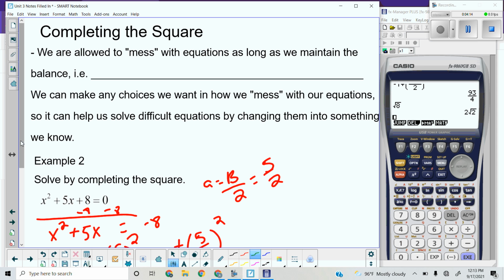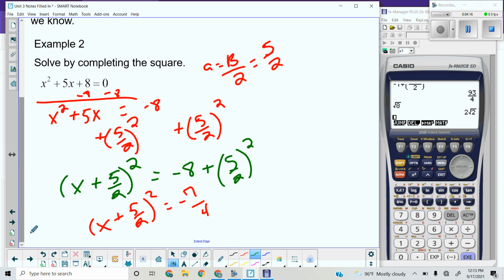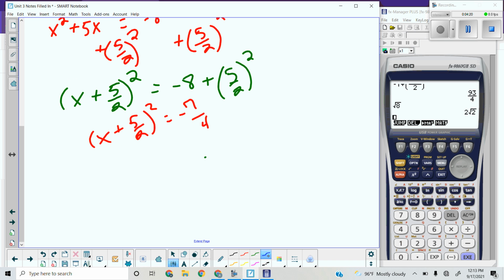So now when we completed the square, we will have some fractions, but don't let that worry you, because remember, your calculators can do a lot of the work for you. So we take the square root of both sides. X plus 5 over 2 equals positive, negative.